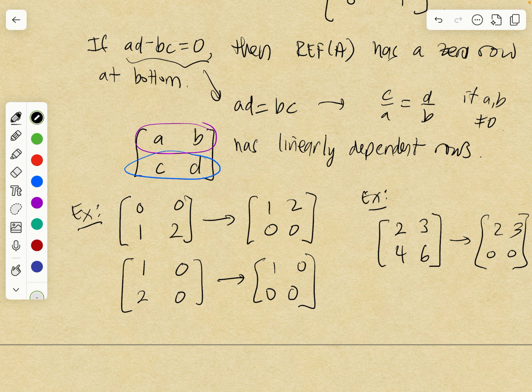All right, so that's 2 by 2 invertible matrices, how to tell if a matrix is invertible or not. And in the next video, we'll talk about how to calculate the inverse of a matrix. Okay, thanks for watching.